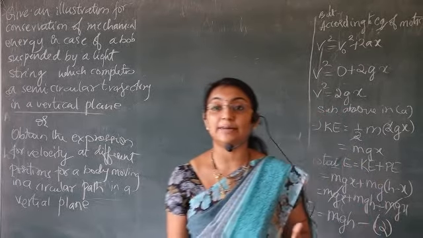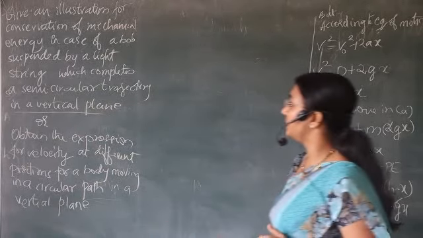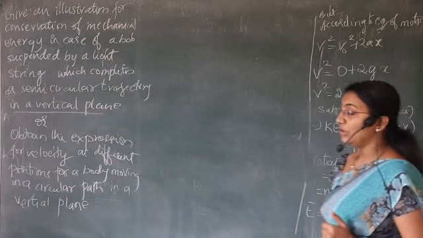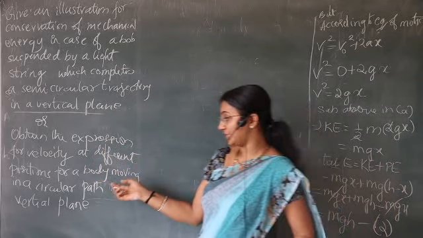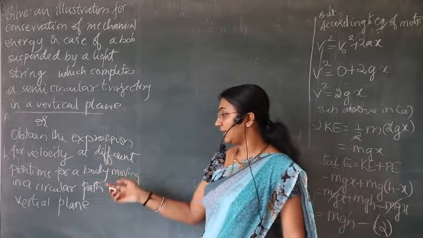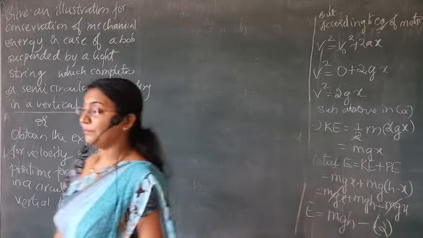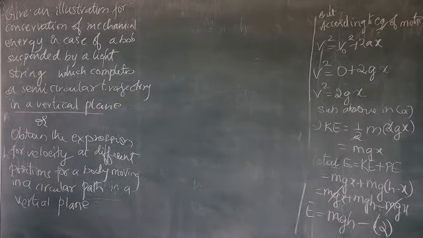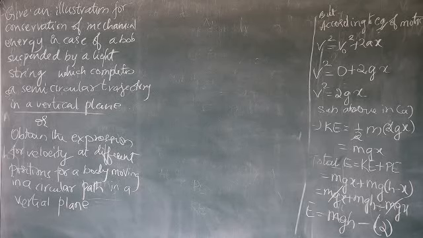So it should complete a semicircular trajectory, half, in a vertical plane, or obtain the expression for velocity at different positions for a body moving in a circular path in a vertical plane. In a vertical plane, when a body is moving, you have to find out the expression for velocity at different positions. So what we have to do, let us consider what?